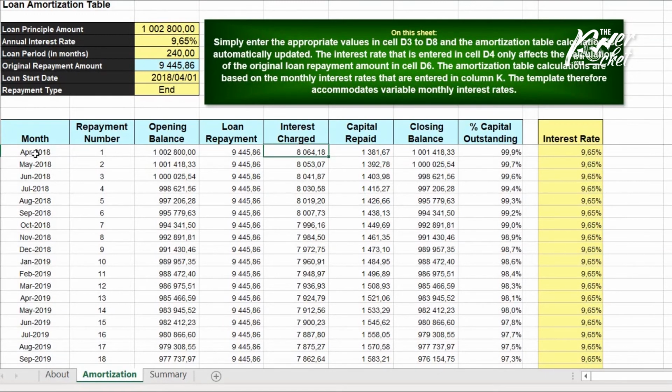But I'll also show you what simple interest is. So this amount, it's important for you to know, and this is why I did this video, for you to understand. So I've broken it down from the quotation. I've given you what it looks like in real life. This is an amortization schedule.